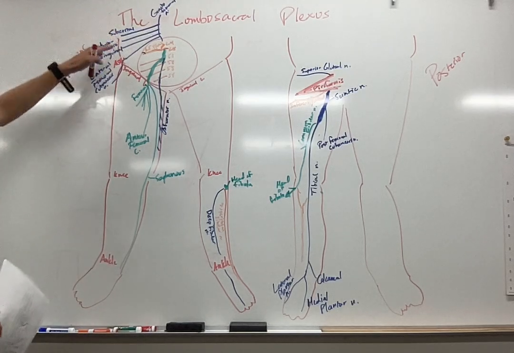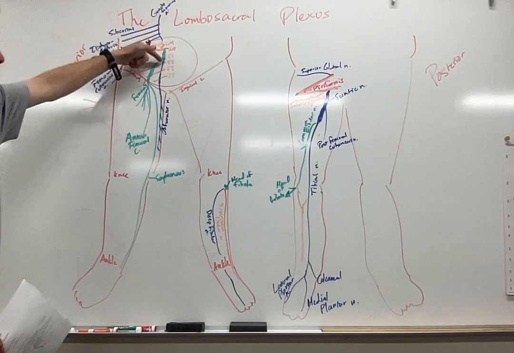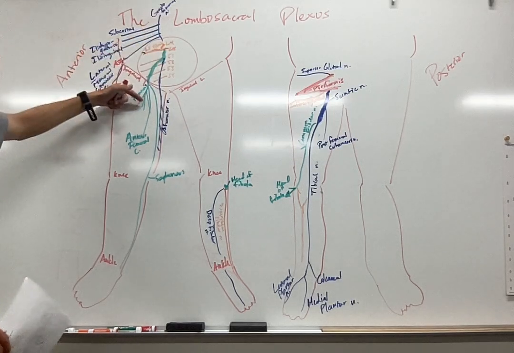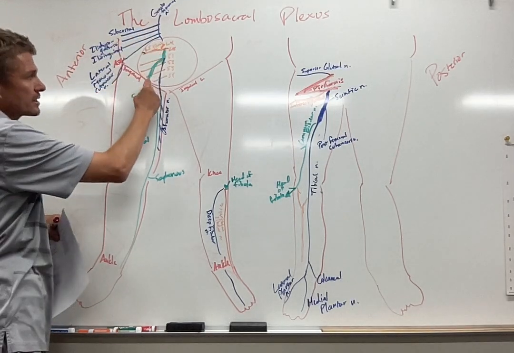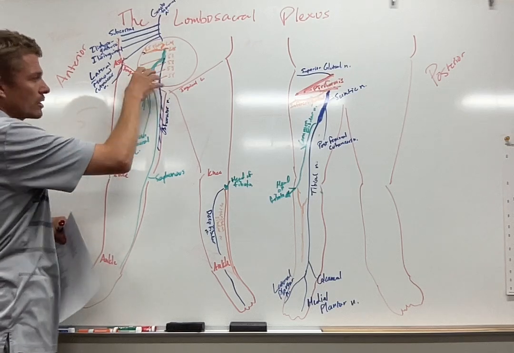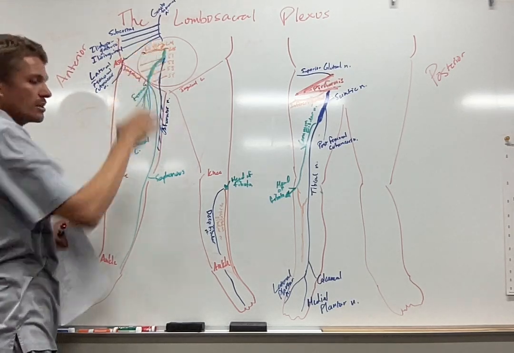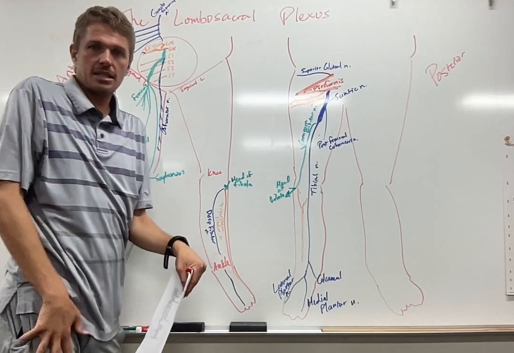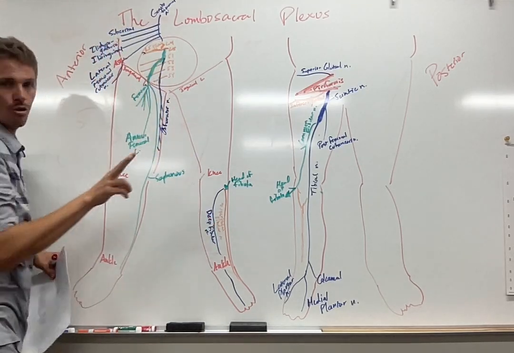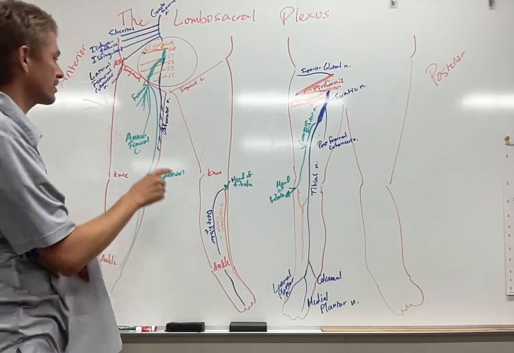Okay, so we've covered that top portion. The femoral nerve is going to come down and run right out here, and once it passes this inguinal ligament, it's just going to branch out.